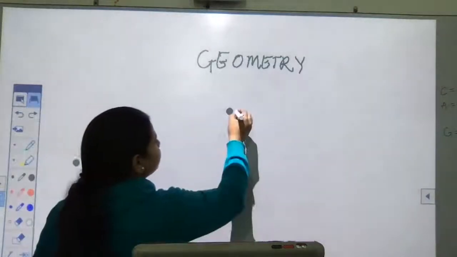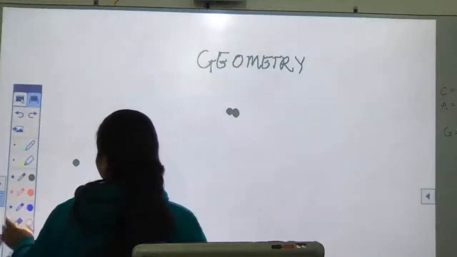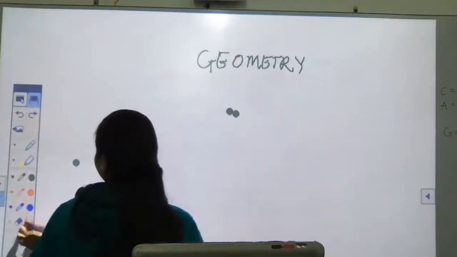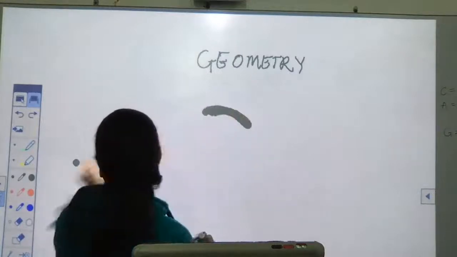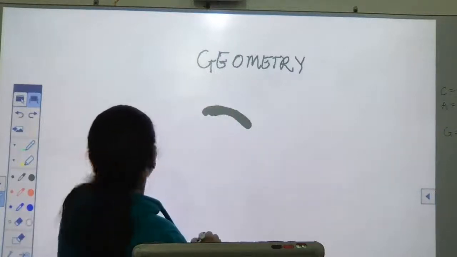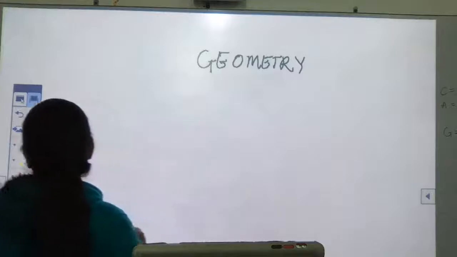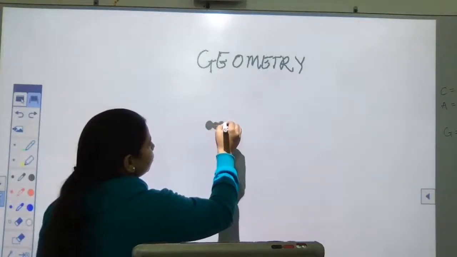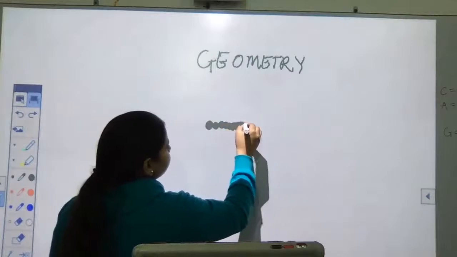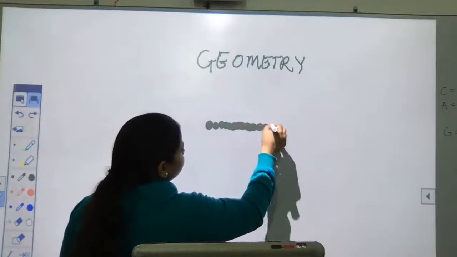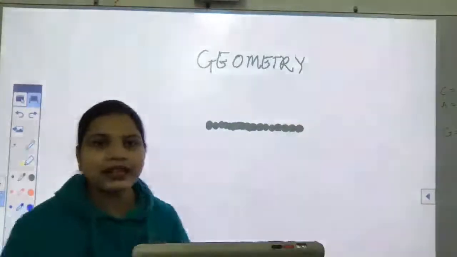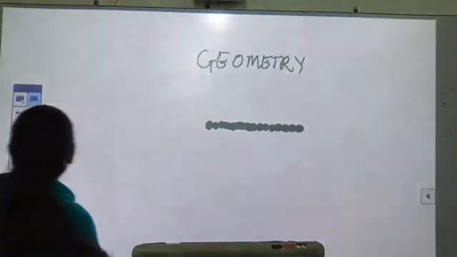Let's suppose this is a point, another point, another point, another point. If we join these points together, we'll get nothing but a line, right?